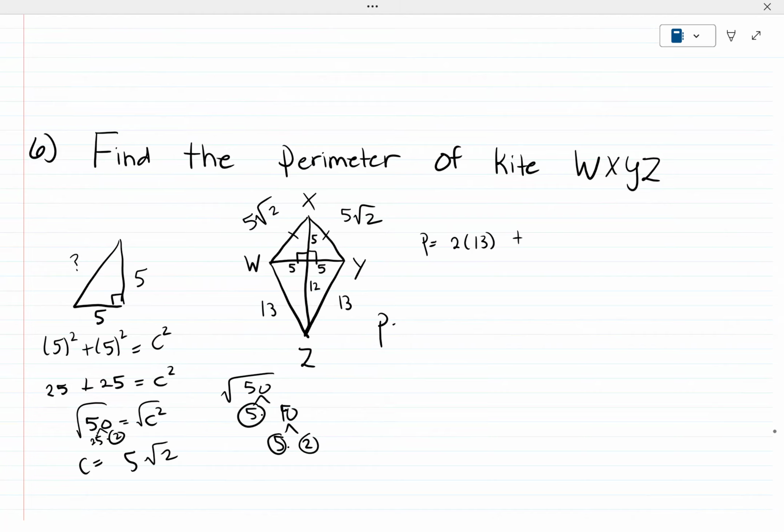So the total perimeter would be 2 times 13 plus 2 times 5 radical 2, right?